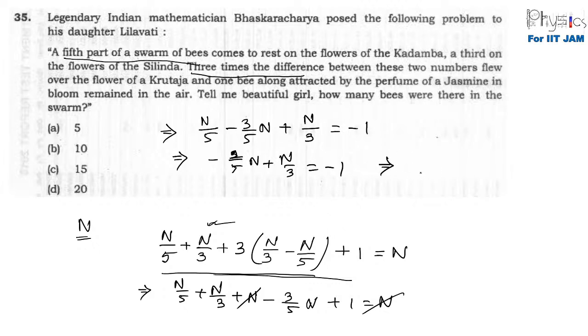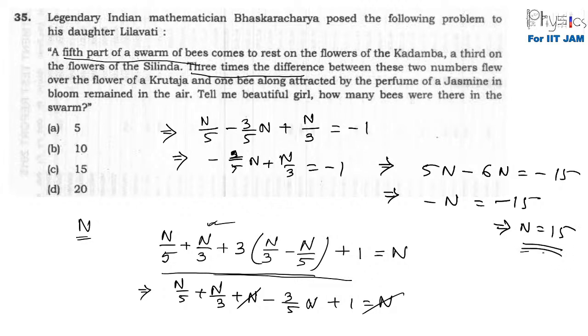That means we get 5n minus 6n equal minus 15. And we get minus n equal minus 15, that means n equal 15. That is our total number of bees. So our correct option is option C, 15.